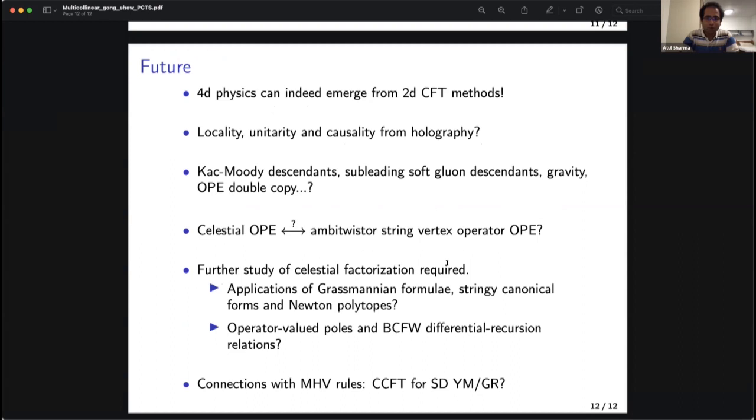So here are some future directions that we're pursuing. Kac-Moody descendants, and the things I told you about the OPE double copy, which I discussed with Andrea yesterday.